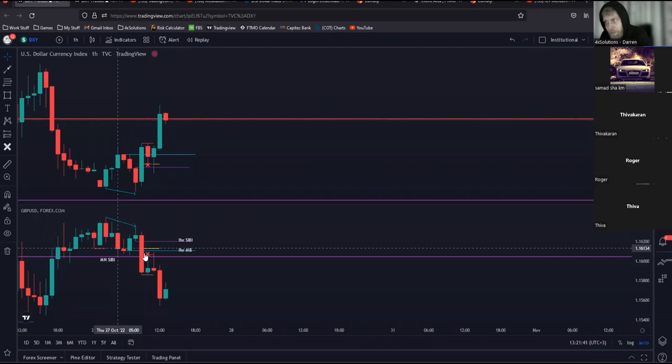Remember this morning I said there was this void fill over here on the DXY? That's one maybe. But if you didn't know what this was, the other way you would trade it is to look at this mitigation over here and here.